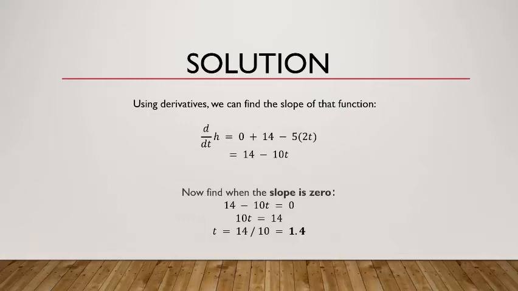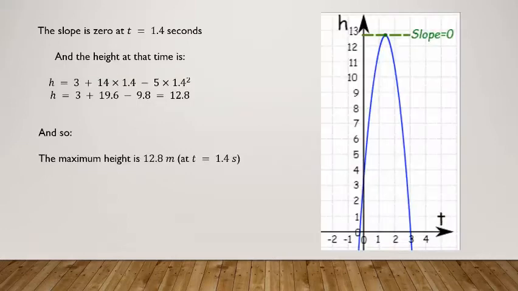We differentiate h with respect to t, which gives us 14 minus 10t. Now, we need to find when the slope is equal to 0. So, we get t equal to 1.4. Then, we substitute t into the original function, and with that, we get the maximum height of the graph, which is 12.8 meters.